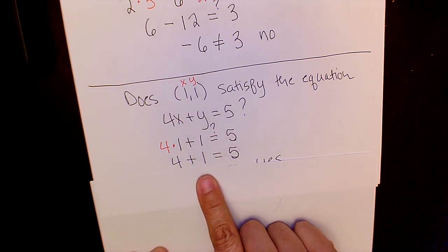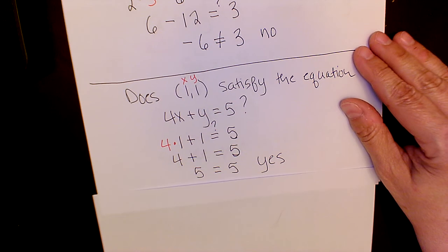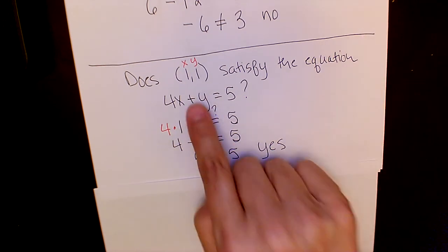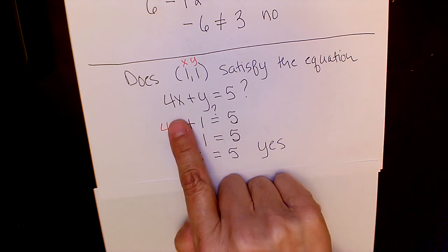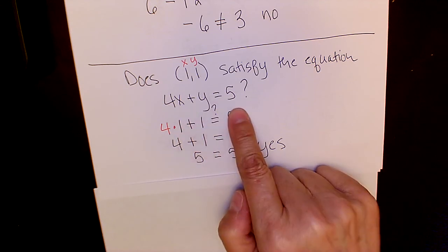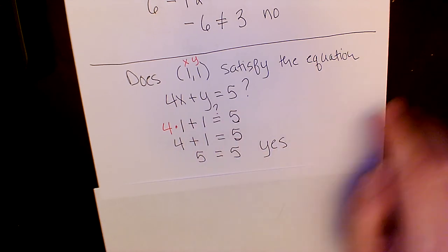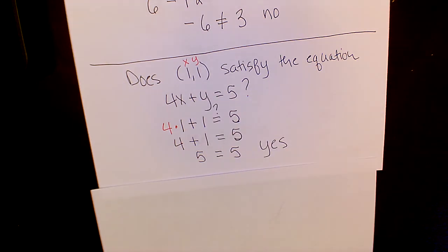And 4 plus 1 is 5. So 5 equals 5. So this is a yes. This point, (1, 1), does satisfy 4x plus y equals 5. So this is a big fat yes. So if we plug in the point for x and y and both sides come out equal, it does satisfy the equation.